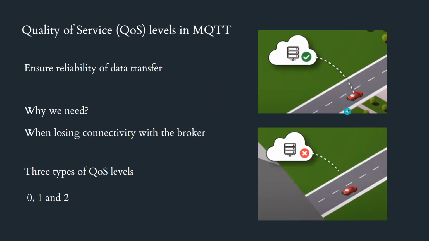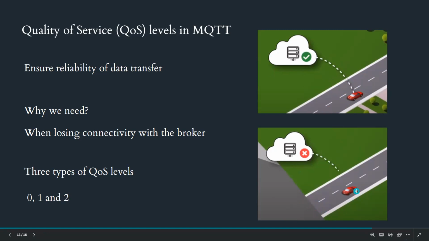The device inside the car is connecting to the MQTT broker, and then after some time it loses the connection due to the tunnel conditions, and the MQTT broker is no longer connected to the car.